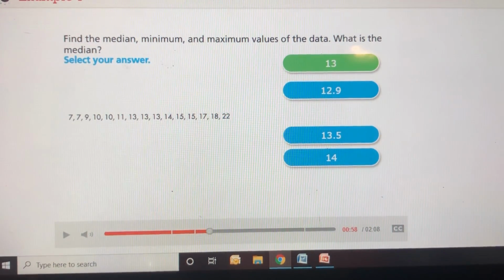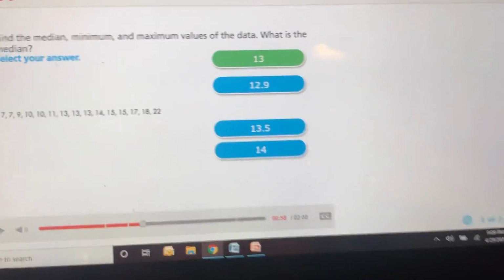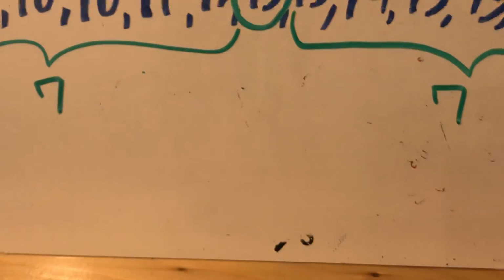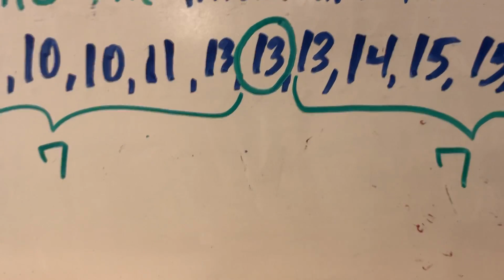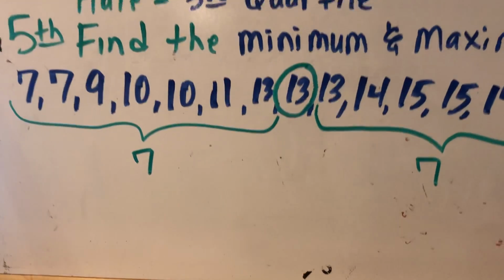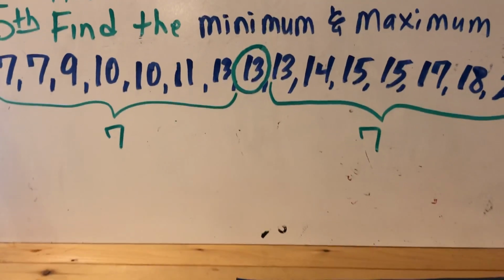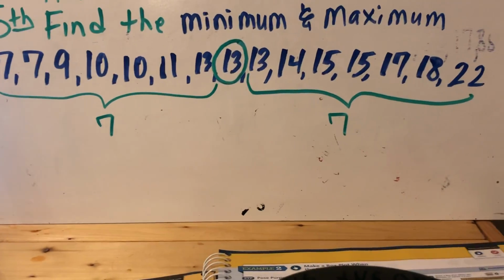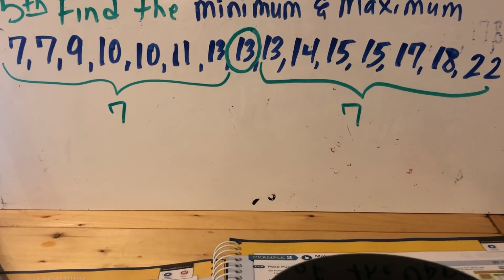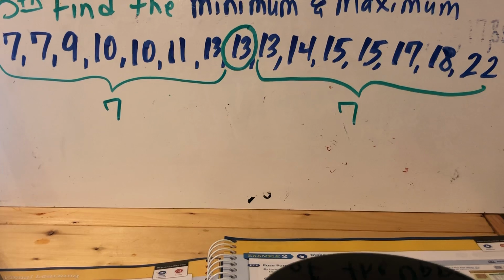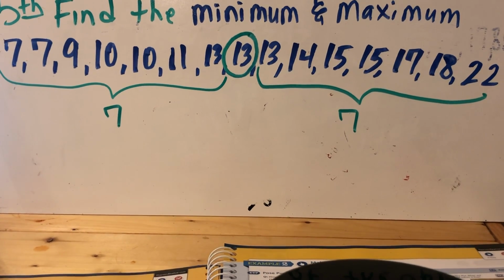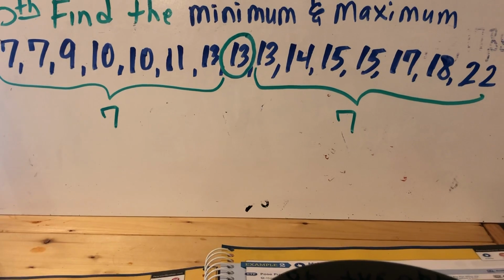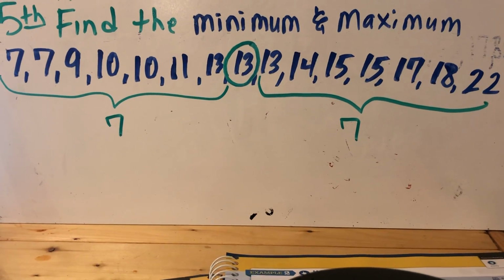And how do we know it's 13? If you notice here, I wrote the list of numbers from least to greatest. And you notice I circled the 13 because that 13 is in the middle.